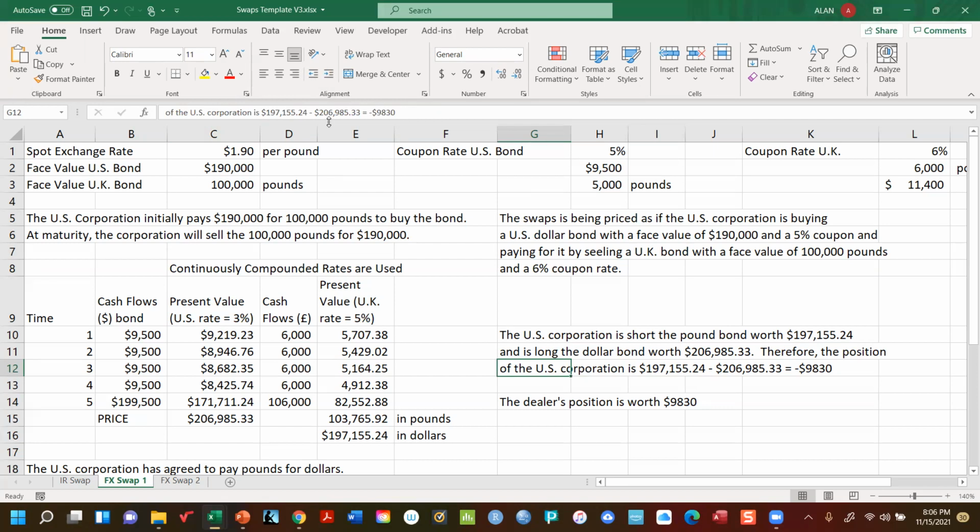It's 206,985.33 minus 197,155.24 equals positive 98.30. So they're happy right now with this swap. All right, that's better.